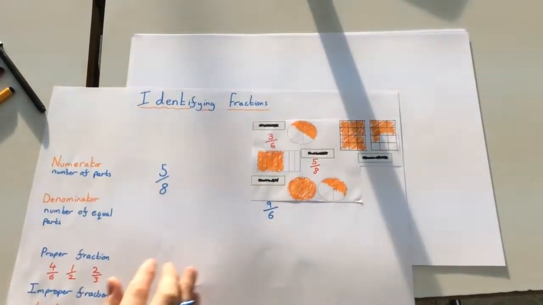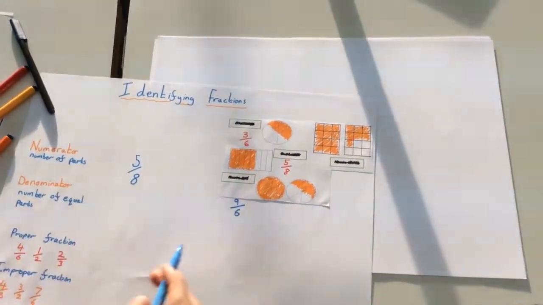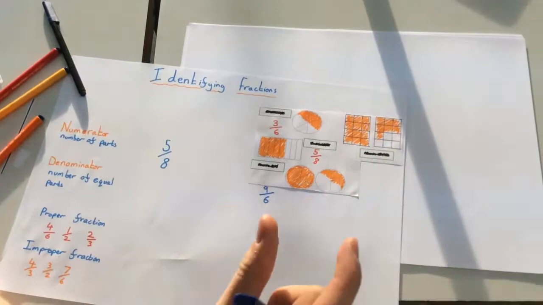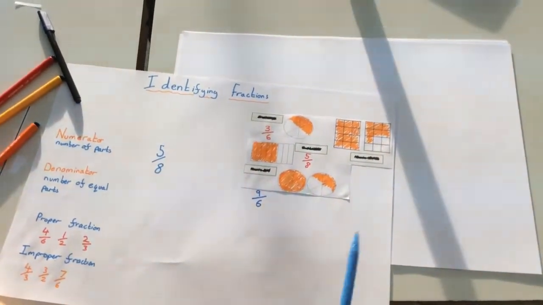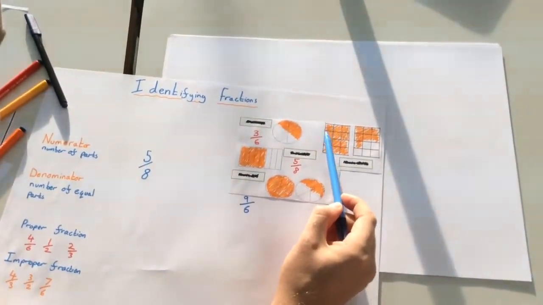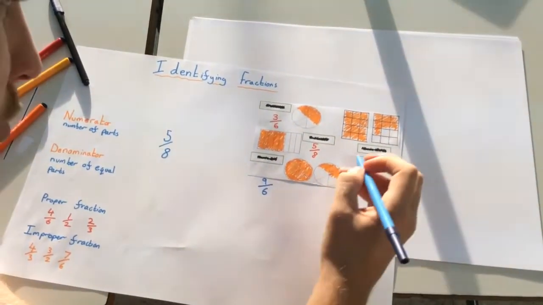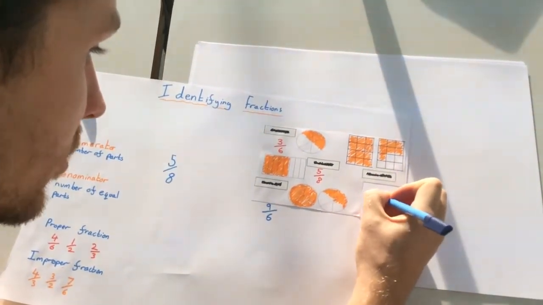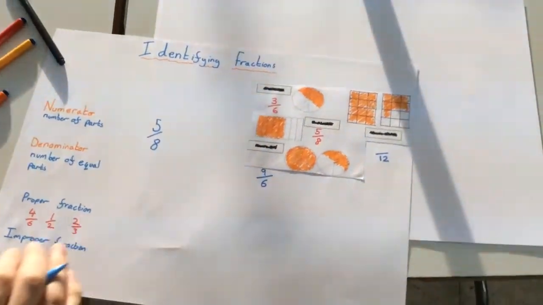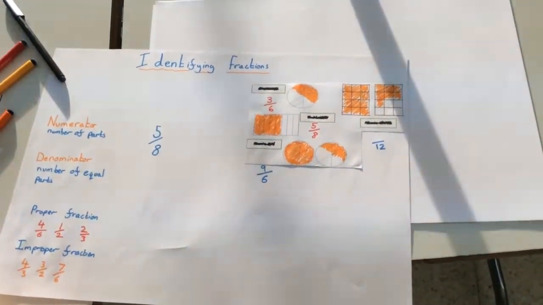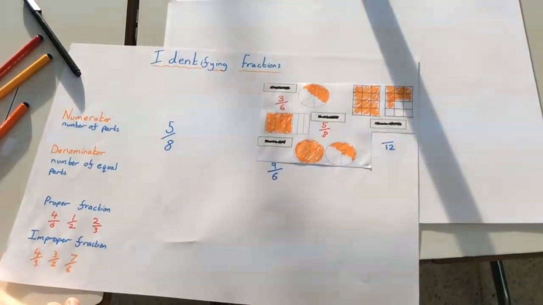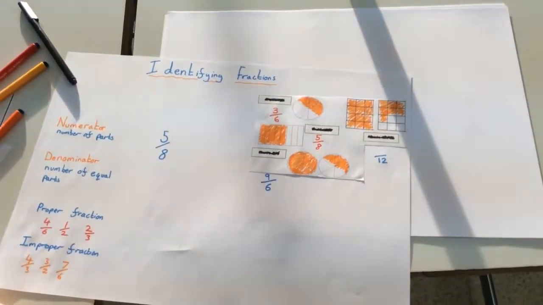And we've got one final one to look at. Firstly, let's do the denominator. So that's what each whole is split into, the number of equal parts. 1, 2, 3, 4, 5, 6, 7, 8, 9, 10, 11, 12. Into 12 equal parts. Now, what I need to do is find the numerator, which is how many parts I'm talking about.